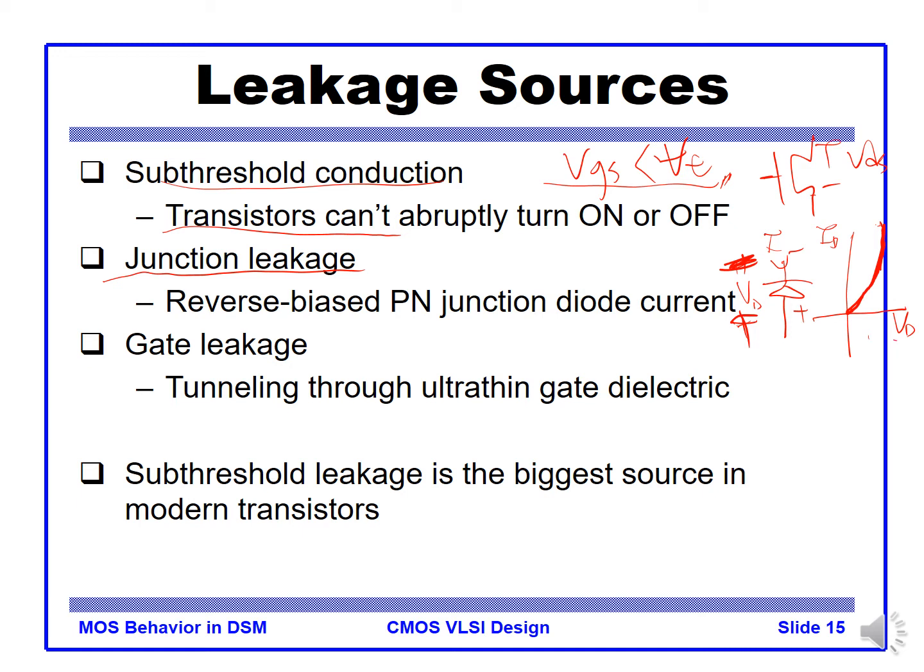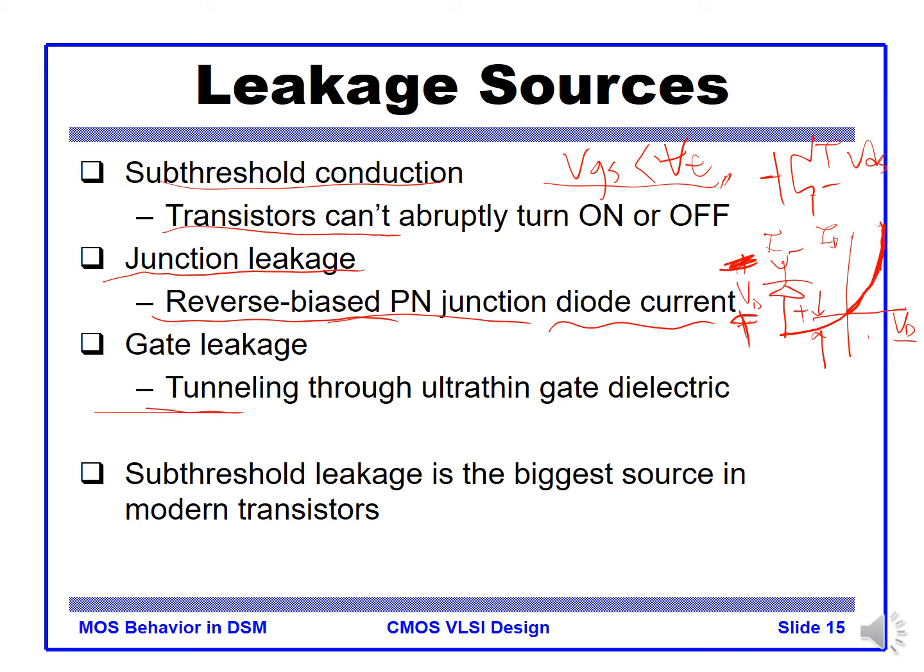But once VD is less than 0, there's still a leakage current for the reverse junction. So a reverse biased PN junction still flows non-zero current.